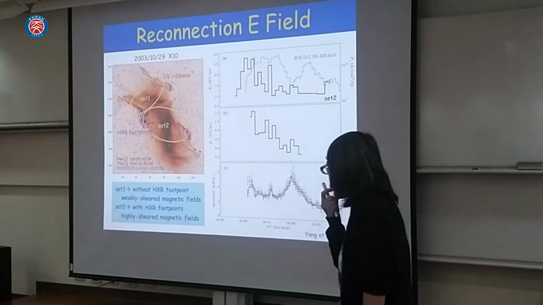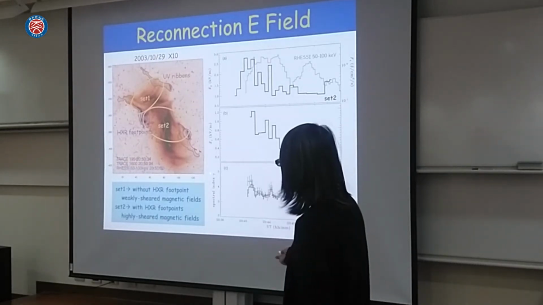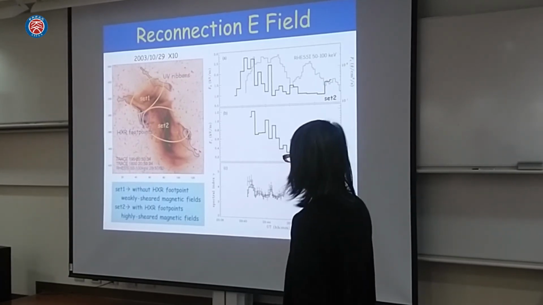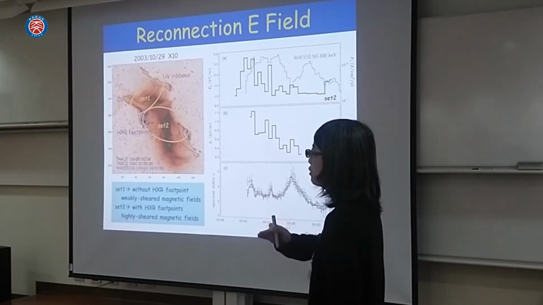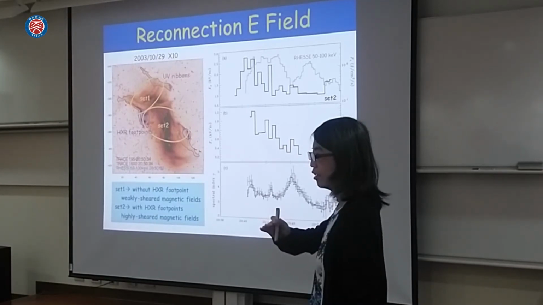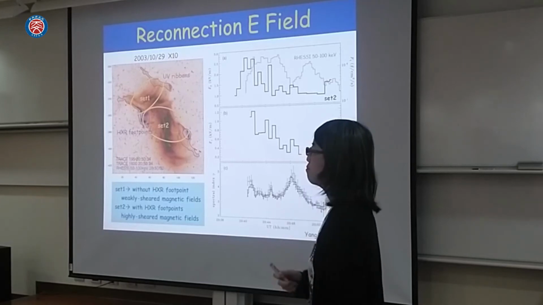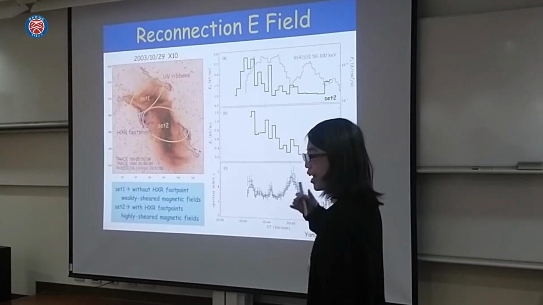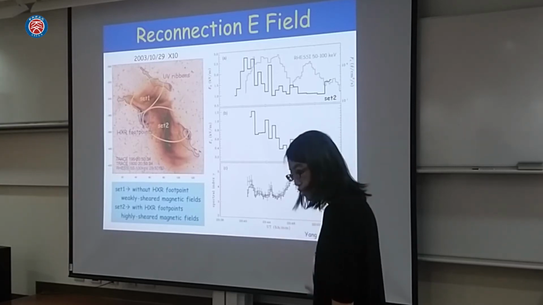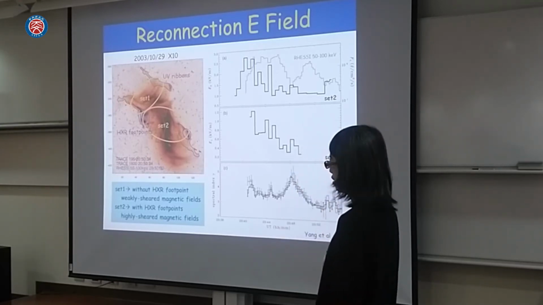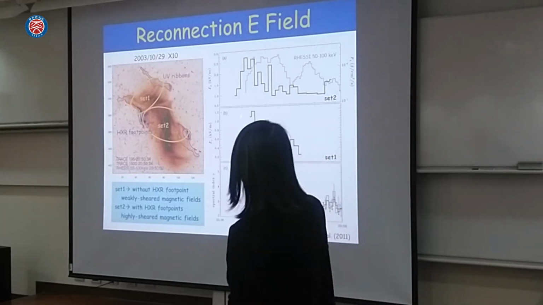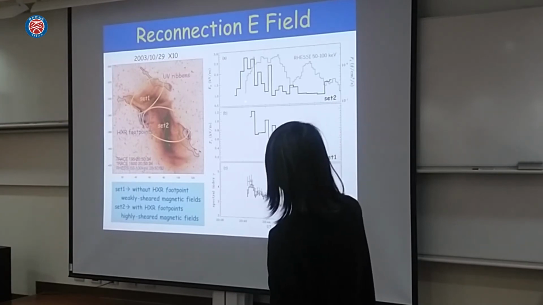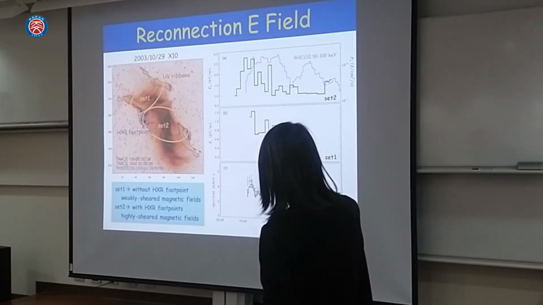Let me explain: a low gamma value means the spectrum is harder, indicating that more particles can be accelerated to higher energy. For comparison, we also show the HXR light curve as the green curve.